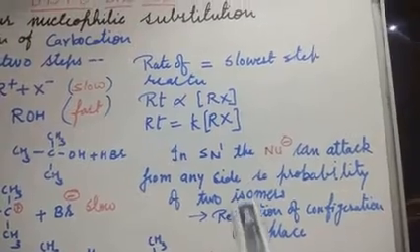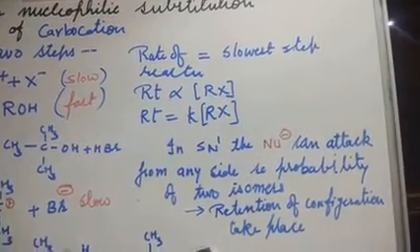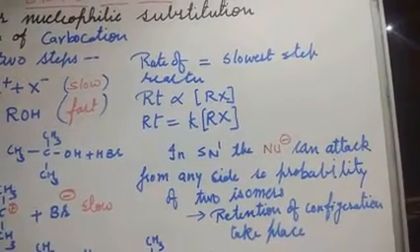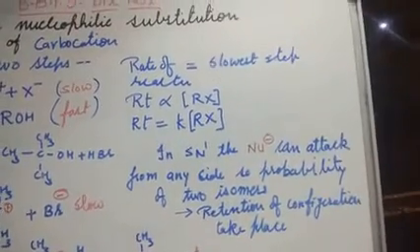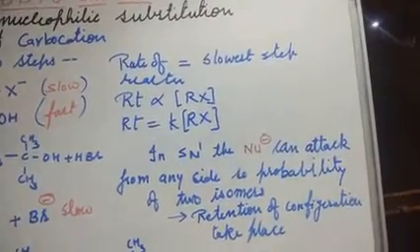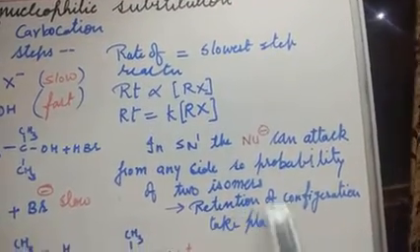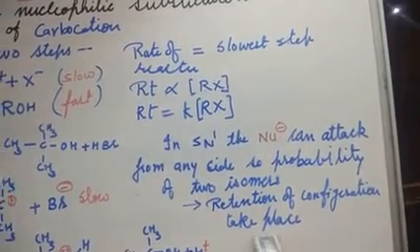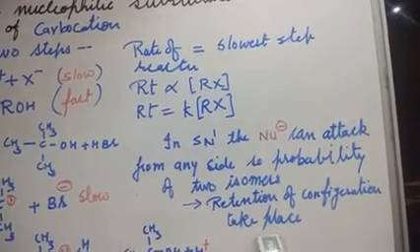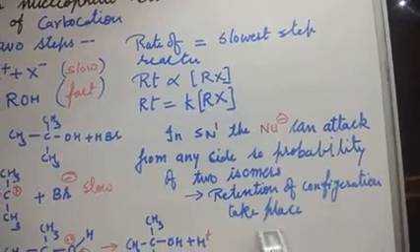Configuration remain like that only as in case of reactant. The nucleophile is getting added as such as the leaving group is leaving from the reactant. So retention of configuration is taking place. Stereochemistry is not getting changed here. So this is called retention of configuration.